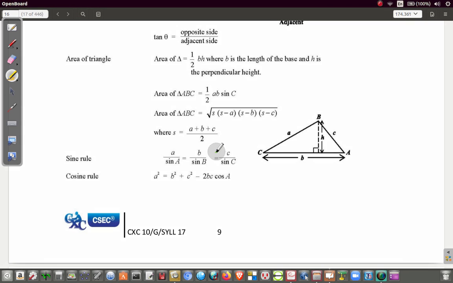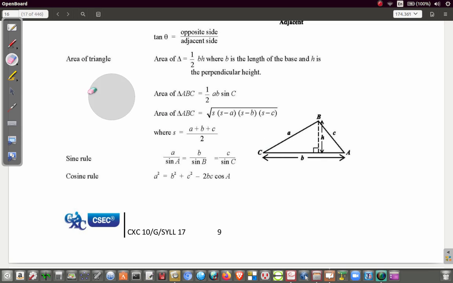It says a, the side over the sine of the angle opposite to it, equals b, the side over the sine of the angle opposite to it, equals c, the side over the sine of the angle opposite to c. That's what the sine rule says.